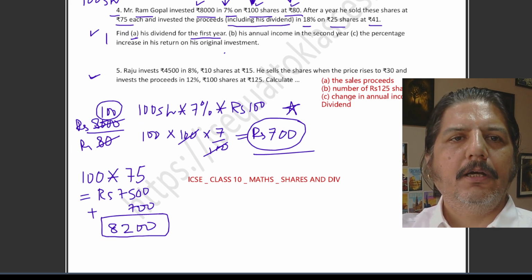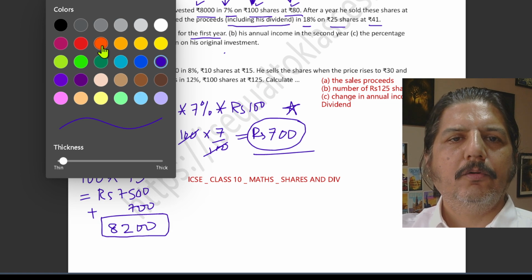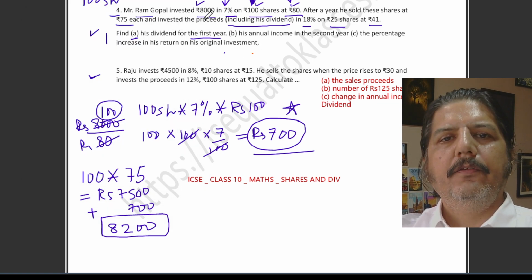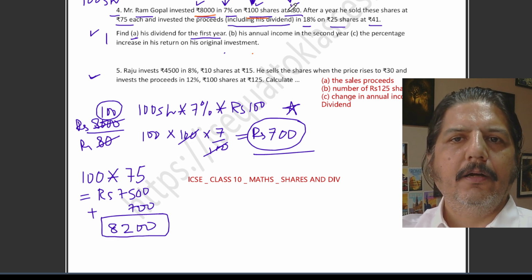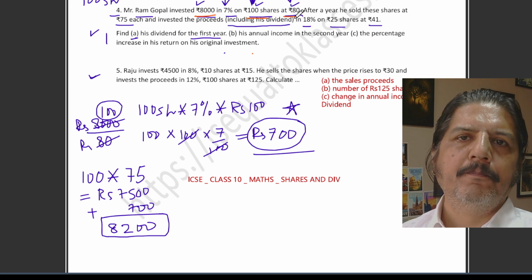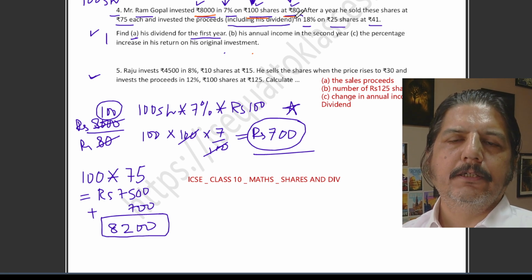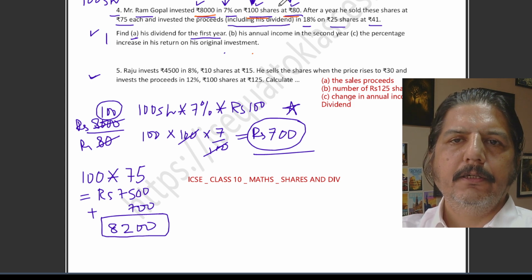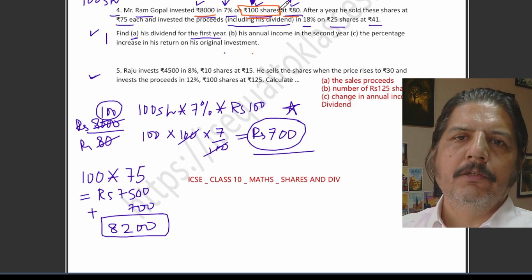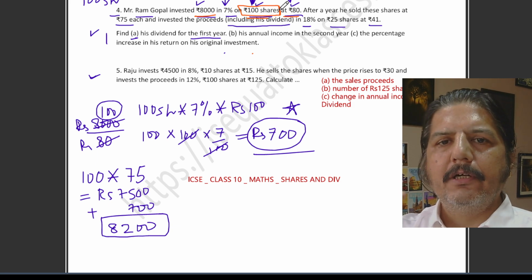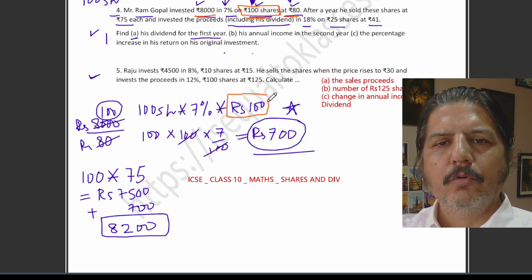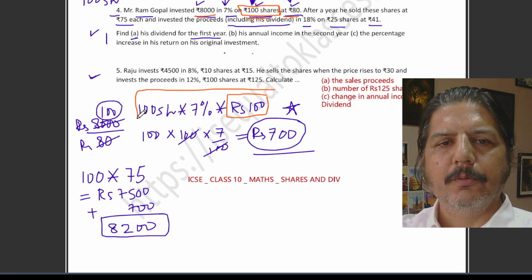Let us look at the question again. See, he invested rupees 8,000 on rupees 100 shares at rupees 80. So first thing that you need to understand is that rupees 100 is the face value. The face value is only used to calculate the dividend. That is what we did here. To calculate the dividend, we use face value.